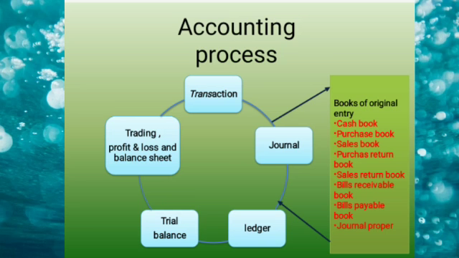So basically we can say that the books of original entry are the summary of all the transactions of the same kind or same nature. With the help of these subsidiary books, we can find similar nature transactions at one place. After preparing the journal, we post all those transactions into the ledger.